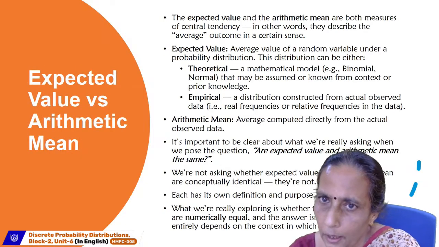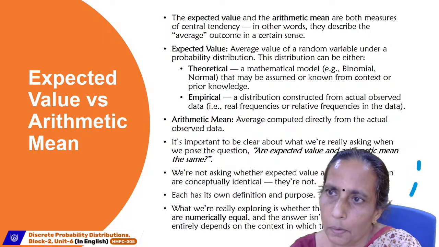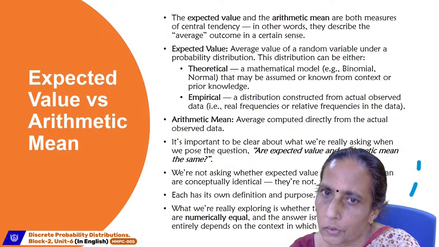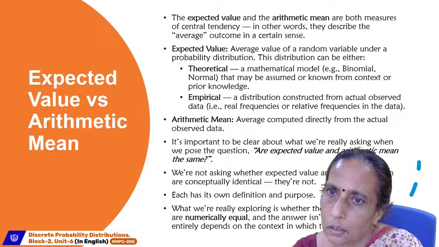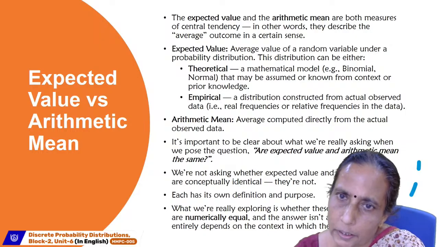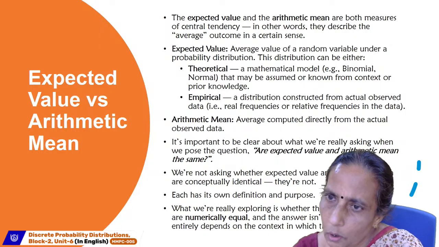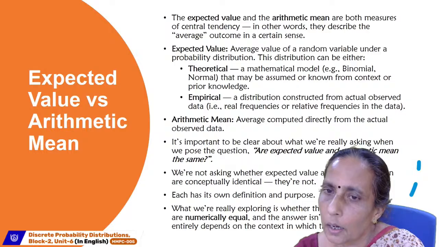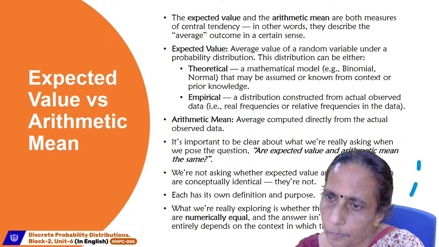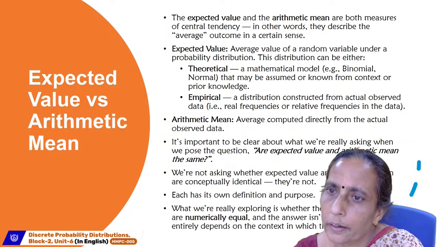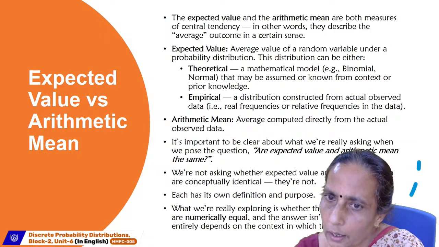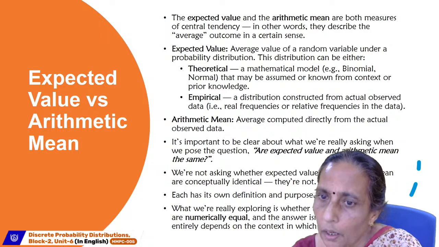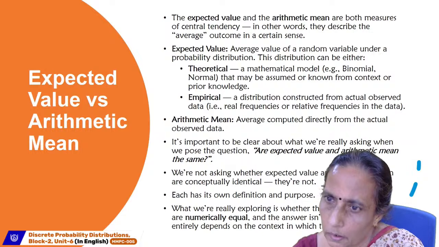Expected value and arithmetic mean are both measures of central tendency, describing the average outcome in a certain sense. Expected value is the average value of a random variable under a probability distribution. This distribution can be either theoretical or empirical.